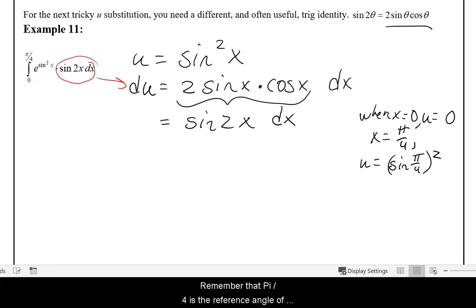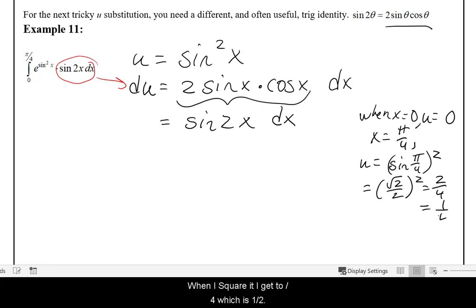Remember that pi divided by 4 is a reference angle of 45 degrees, and that means that I get the square root of 2 divided by 2. When I square it, I get 2 over 4, which is 1/2. That's a terrible 2. Let me rewrite that.